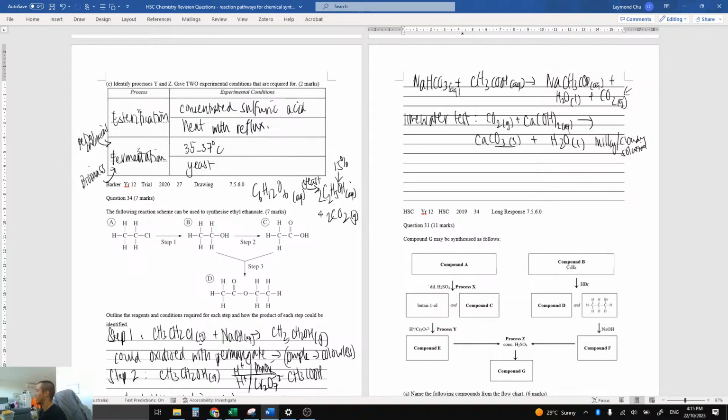Cool. Okay, step 3, esterification reaction involving ethanol and ethanoic acid in the presence of concentrated H2SO4, reflux with heat.